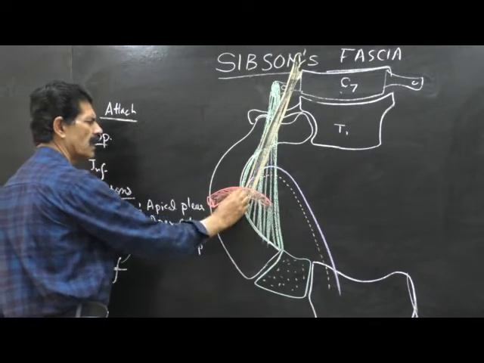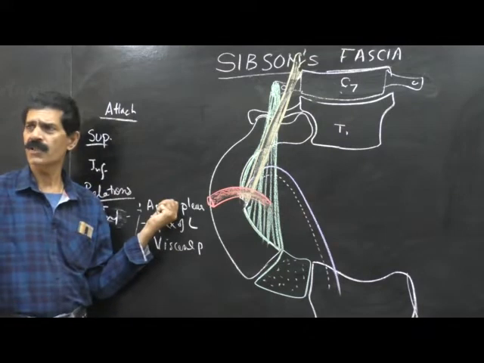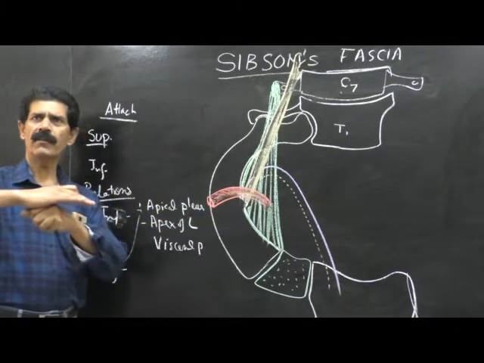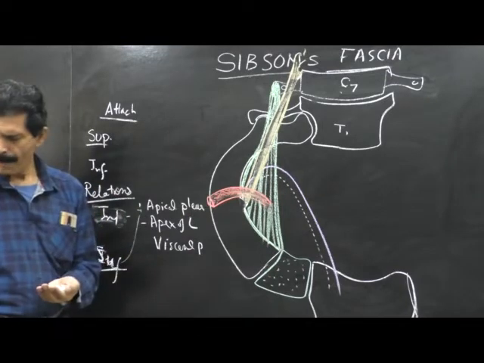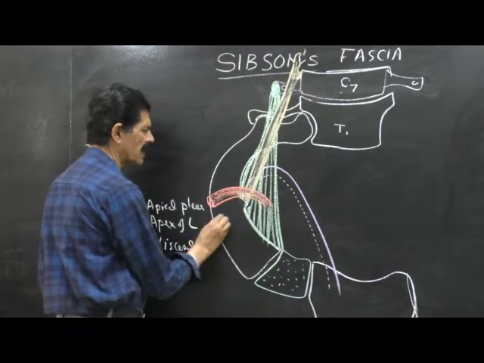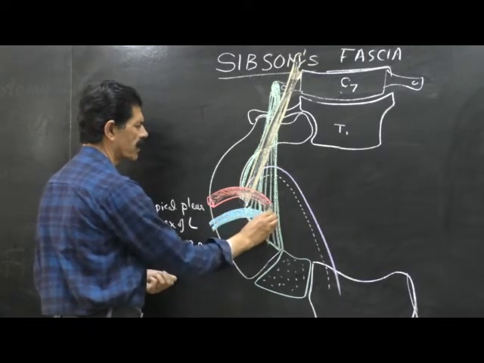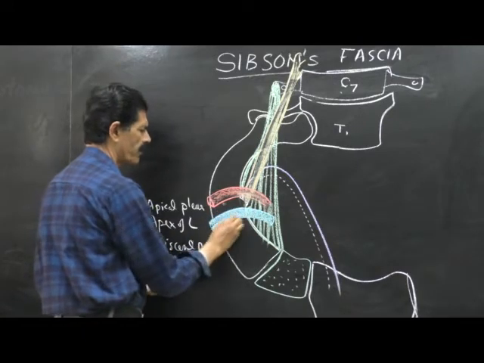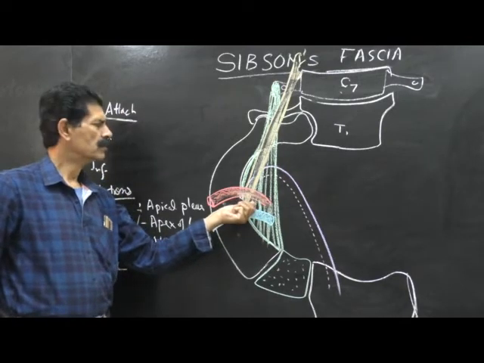So this artery touches the superior surface of the Sibson's fascia, so it is in the superior relation. Then another thing touching the superior surface is the subclavian vein. Because both structures are related to the groove on the superior surface of the first rib, naturally it will touch the Sibson's fascia.